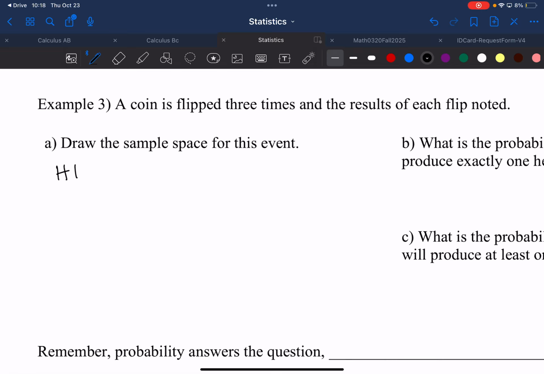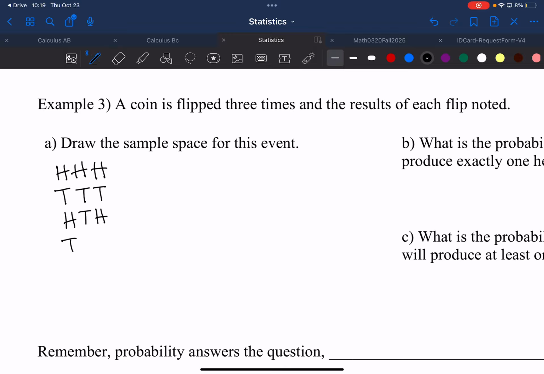All heads. Okay, what's another occurrence that can happen? All tails. Okay, anything else? Good, it could be heads, tails, heads, which means the first one I flip is heads, the second one tails, the third one heads. And this continues for every single possibility.